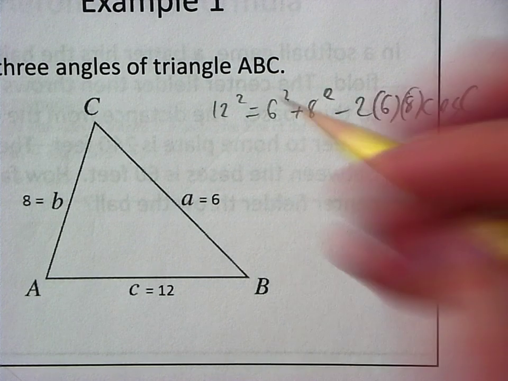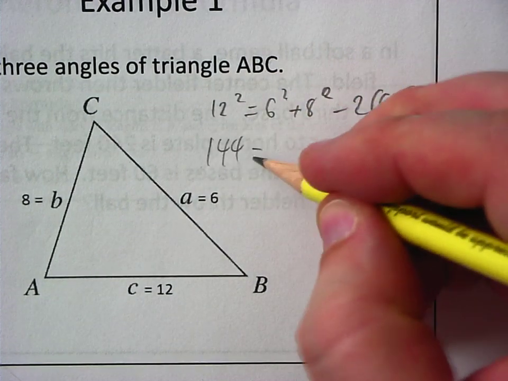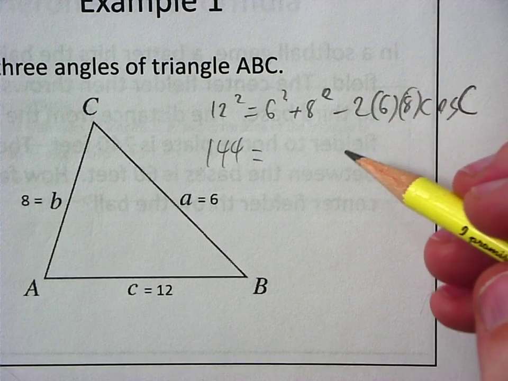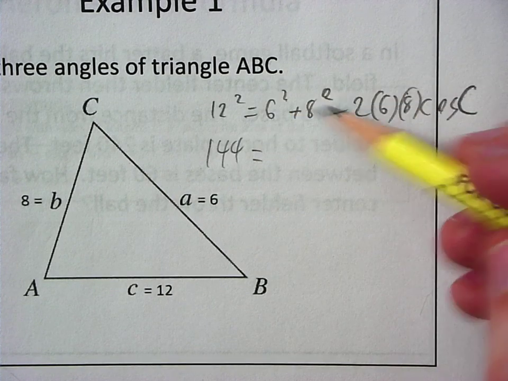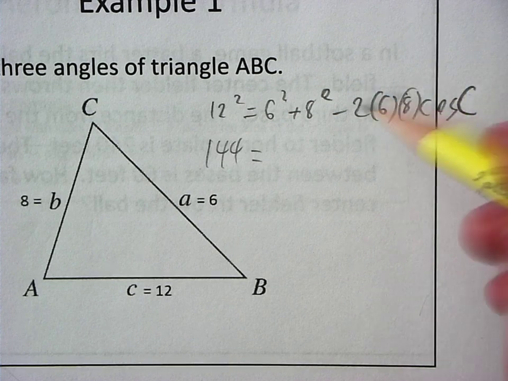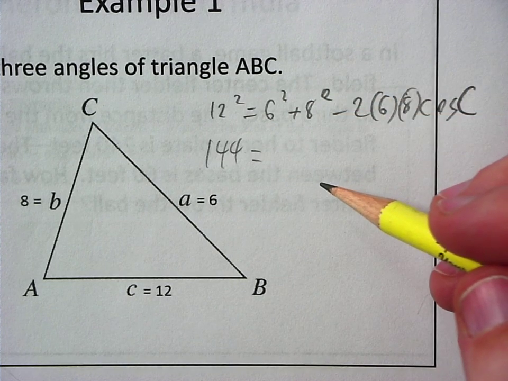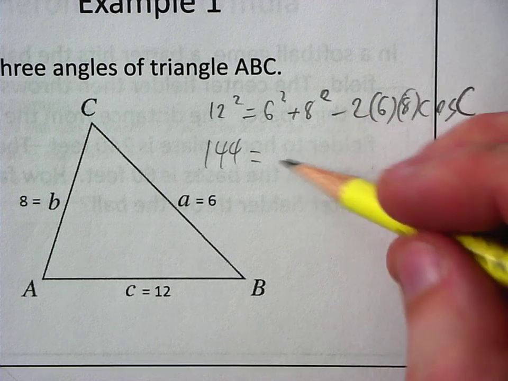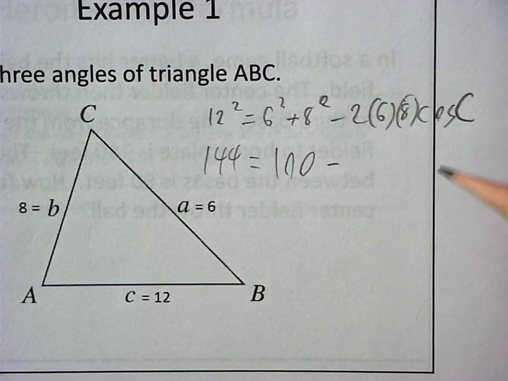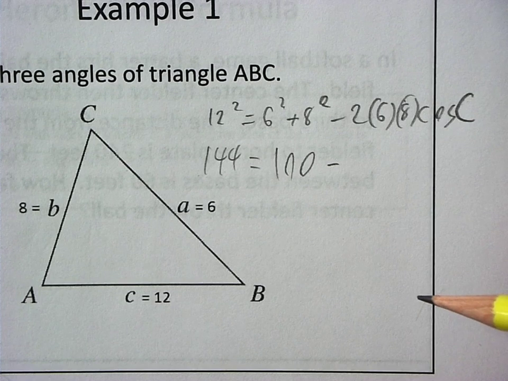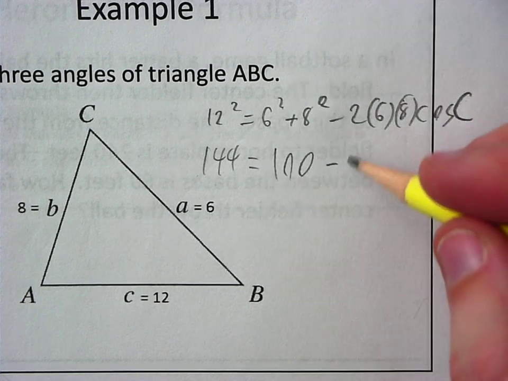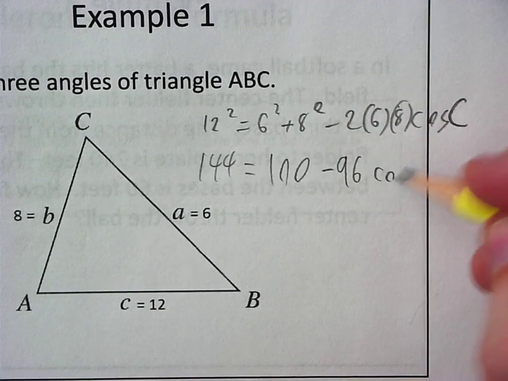So from there, I kind of do this in chunks. Do the Pythagorean part, then deal with the excess. 6 squared plus 8 squared is going to give me what? 100. 2 times 6 times 8? 96. So you have 96 cosine of C.